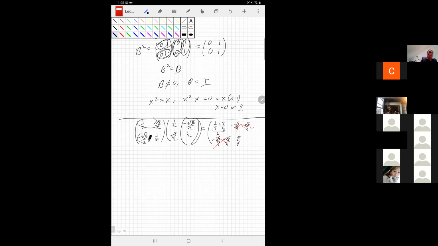And 1/2 times 1/2 is 1/4. So we get 1, 0, 0, 1. I'm not going to go through all the tedious multiplication, but we would have gotten the exact same thing if we had reversed the order. So sometimes they commute.